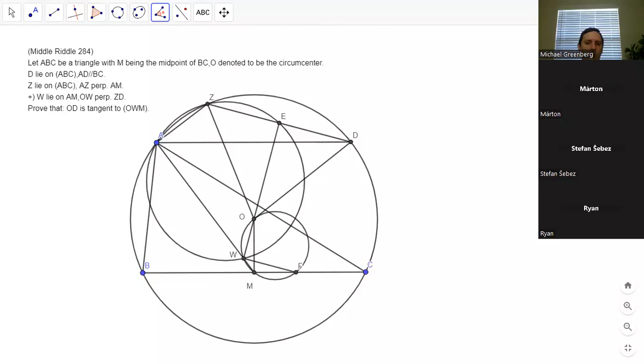And OMW is just OMA. So basically, like angle ZOE, it's going to be the same as ZOE prime, where E prime is on the circle. Okay.